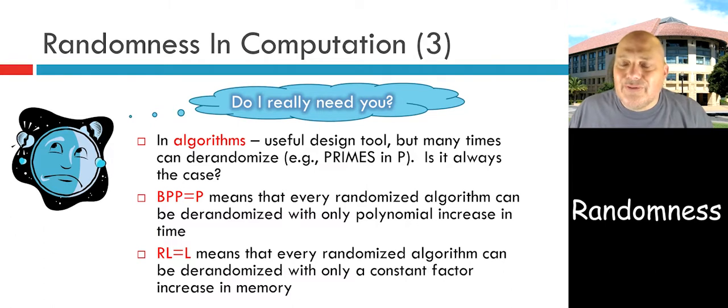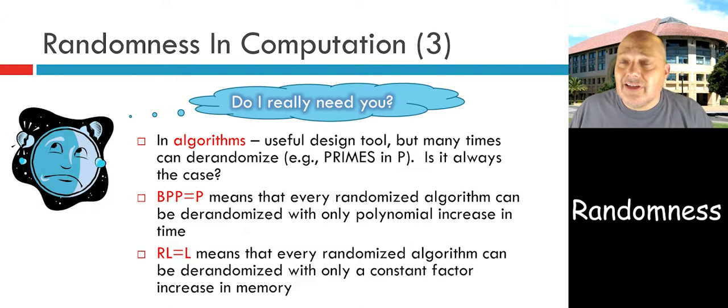The counterpart of this question is the RL versus L problem. And this is whether randomized algorithms can be de-randomized without increasing their memory by more than a constant factor.